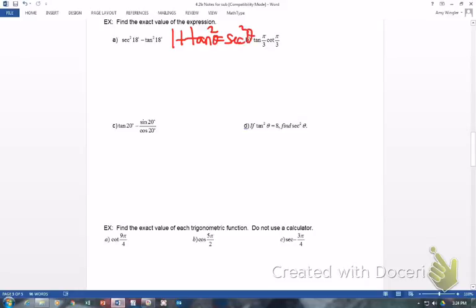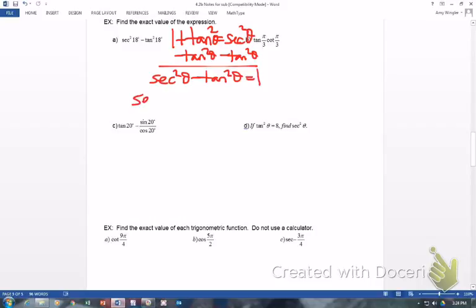Forgot the thetas. So I need to make that identity look like secant squared minus tangent squared. I can replace the thetas with 18s. So what I need to do here is subtract tangent squared from both sides. And I can see that secant squared of theta minus tangent squared of theta equals 1.